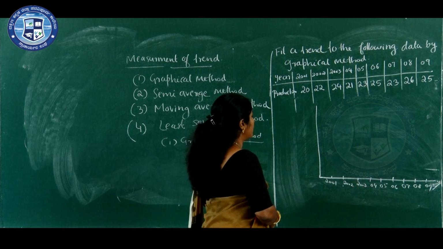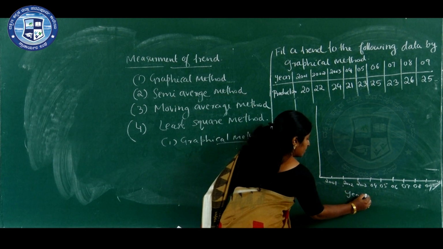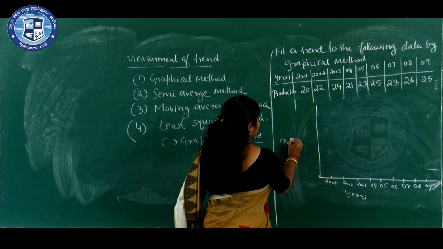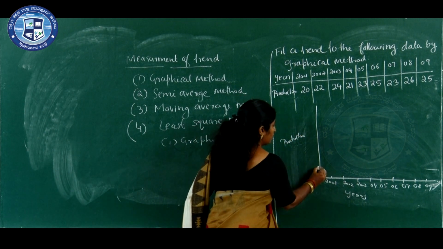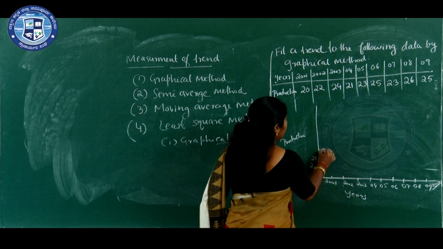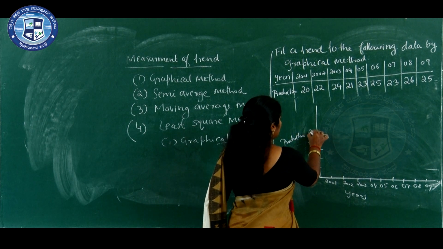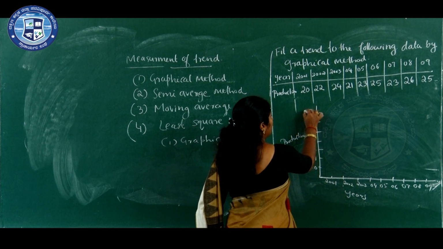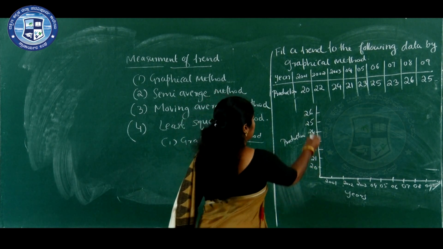Along the y-axis, you have to take production: 20, 21, 22, 23, 24, 25 and 26.